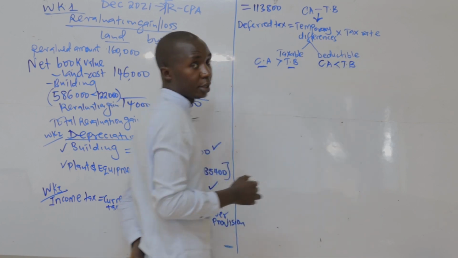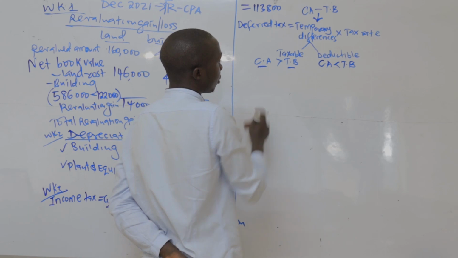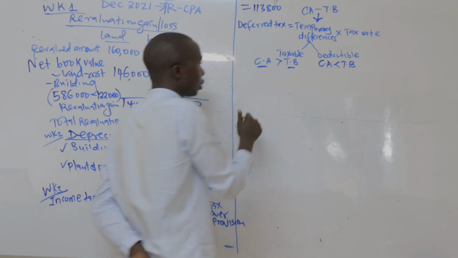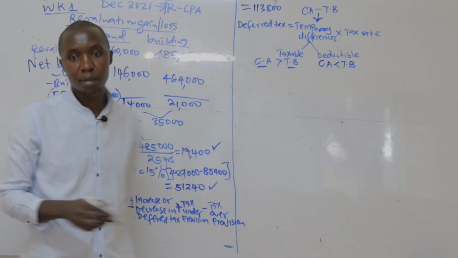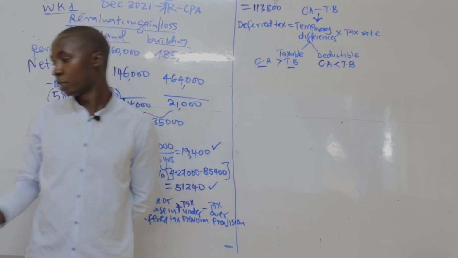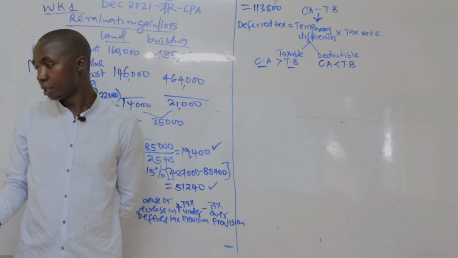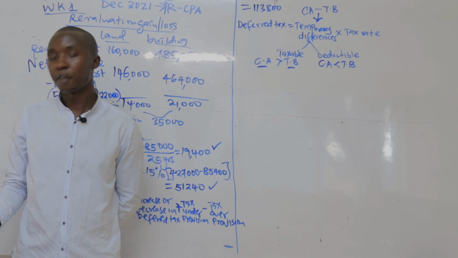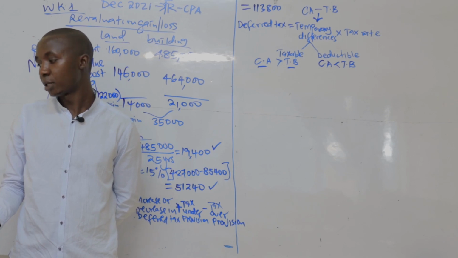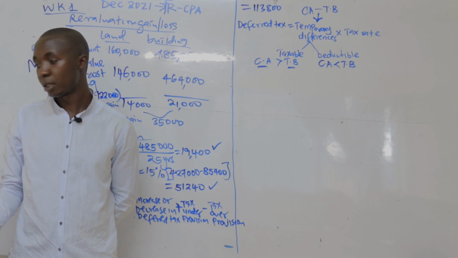In our question, in the last sentence of additional information number 3, they said that as at 31st March 2021, the tax base of Baobab Limited's net assets was 292 less than the carrying amount.